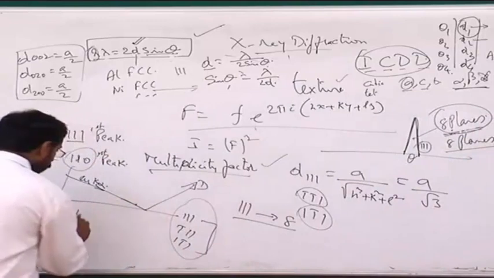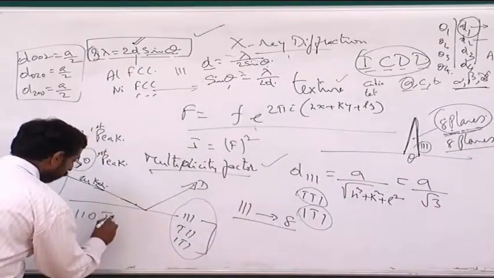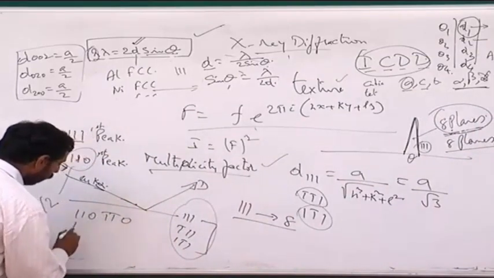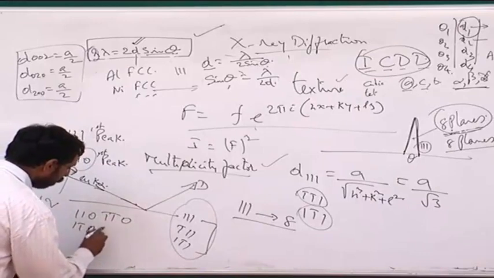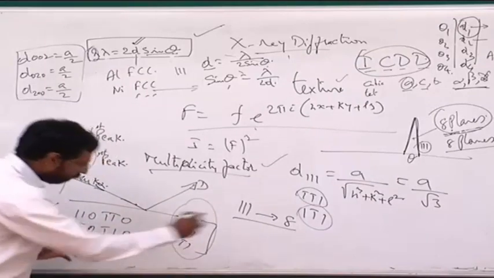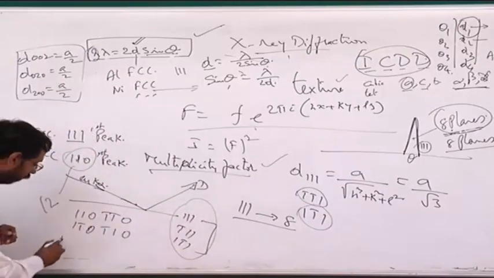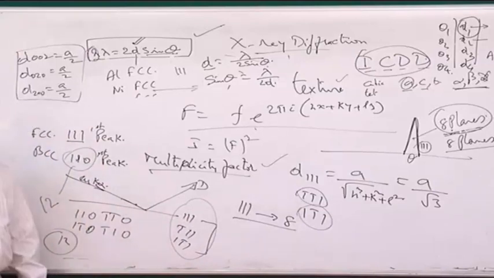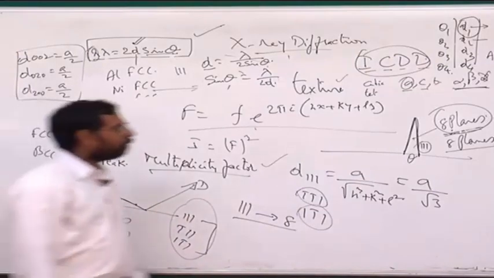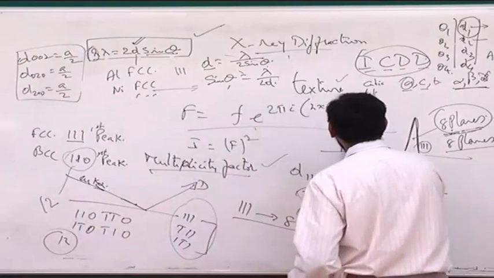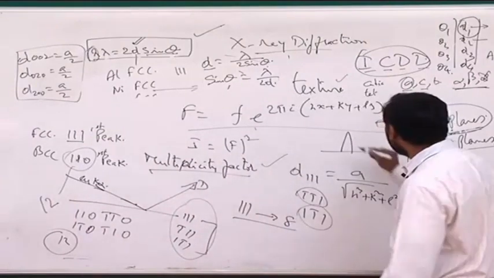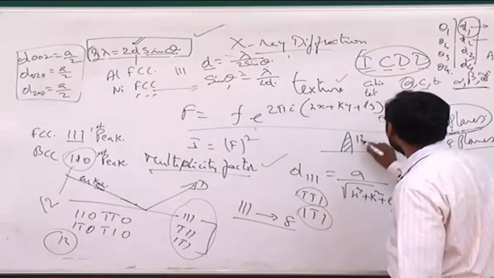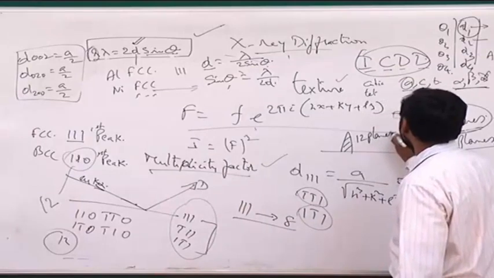Actually, I can put 110, bar 1 bar 10, 1 bar 10 and bar 110, and like that if I go on, I will finally get 12 of them. And that means the 110 peak that you are getting in a BCC material is composed of diffraction from 12 planes.